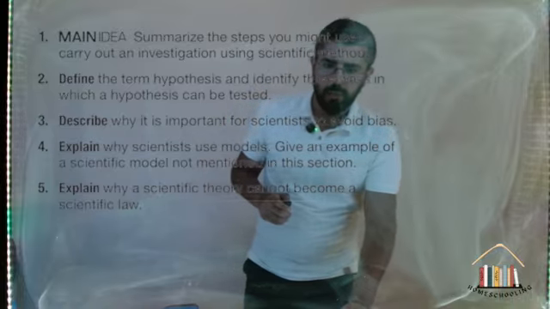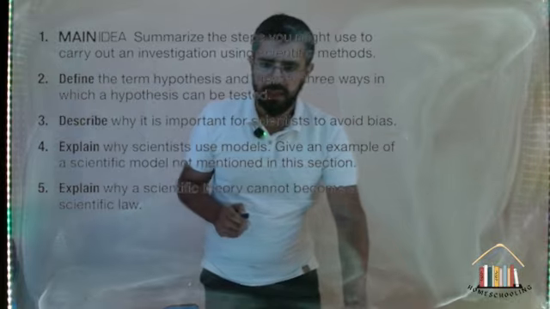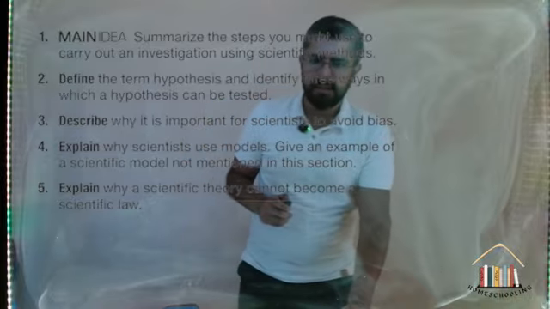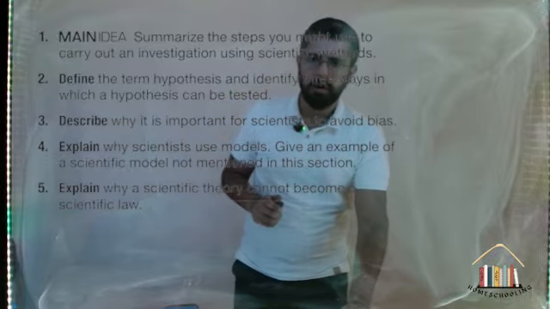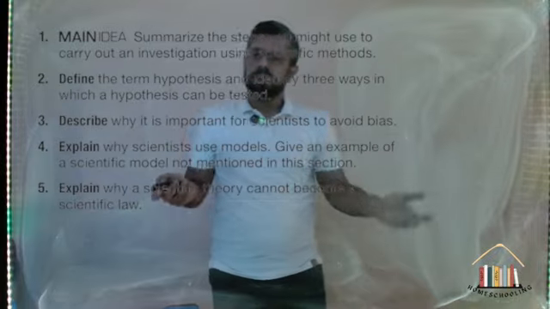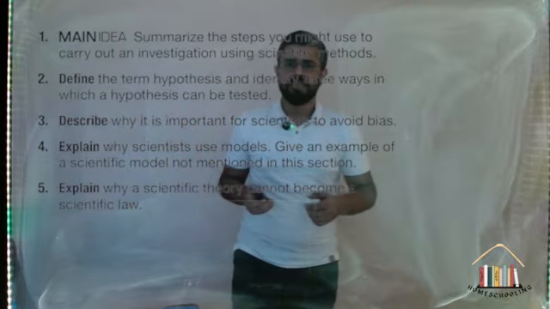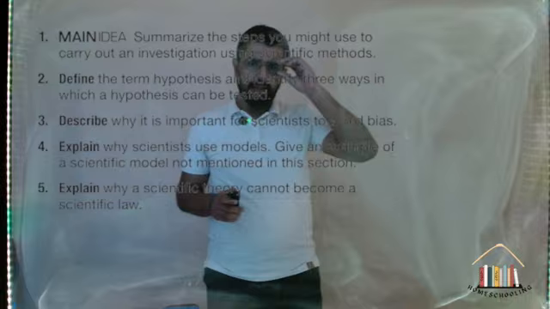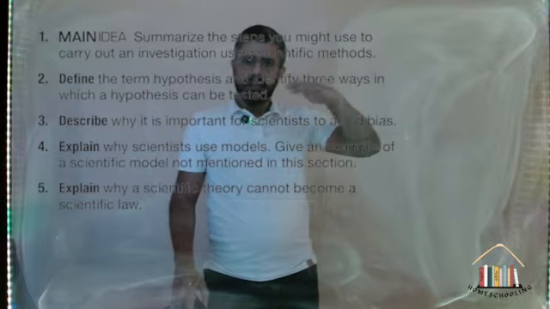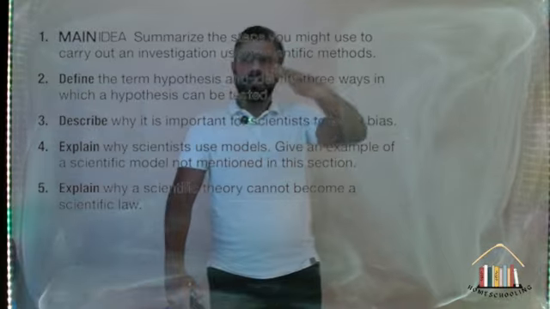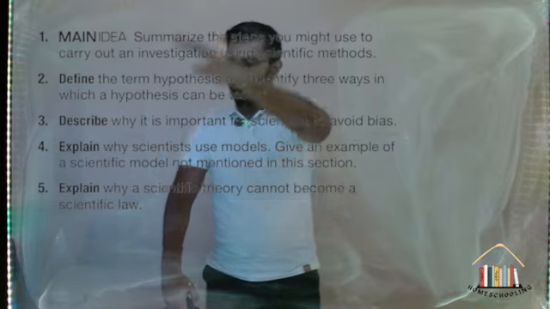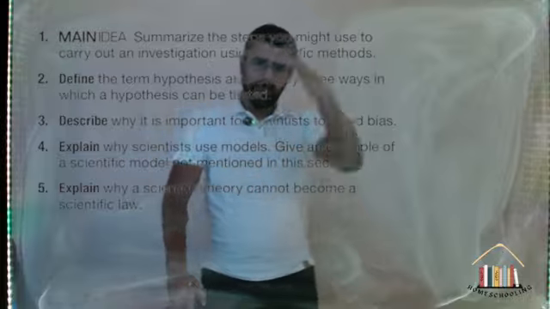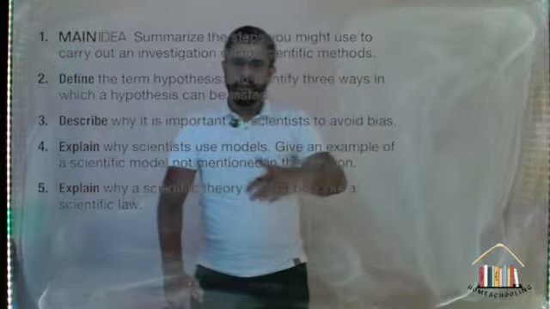Here we are with question number 5. Explain why a scientific theory cannot become a scientific law. As I showed you, the theories develop through time, as you see in the example of the theory about gravity. We have four sages, from the Greek to Galileo to Newton to Einstein.